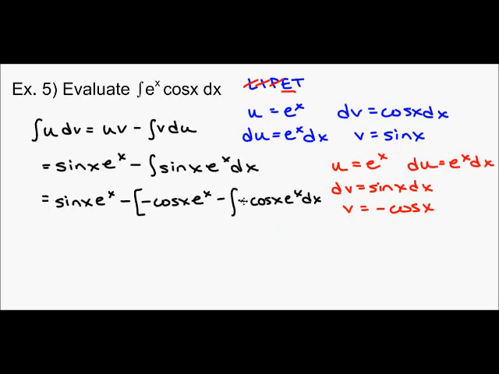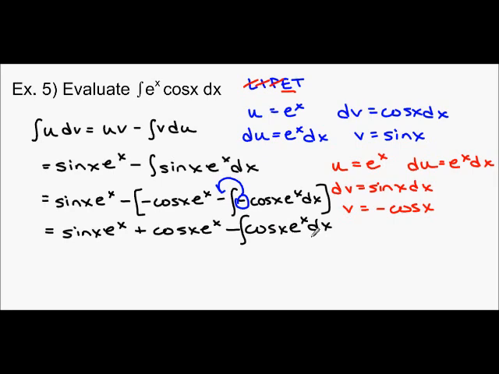Gosh, okay. And again, we're going to distribute this out here. So we have sine x e to the x plus cosine x e to the x. And that would be a plus, and then that one makes it a minus again. So minus the integral of cosine x e to the x dx.